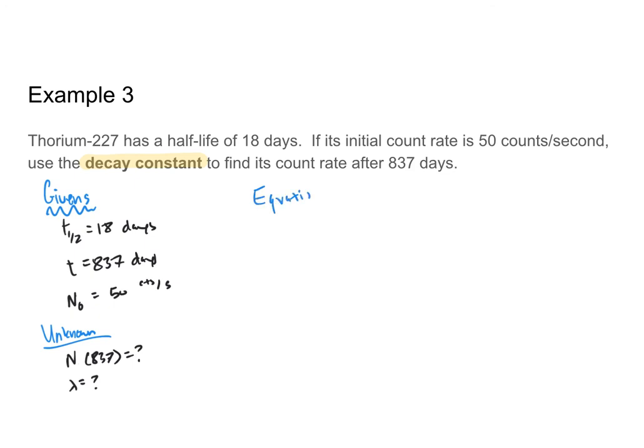First, I need to use that the natural log of 2 over t1/2 is equal to lambda to find lambda. And then once I've used that, I'm going to use N of t is equal to N naught e to the negative lambda t to find N of t. So with no further ado, let's get started.